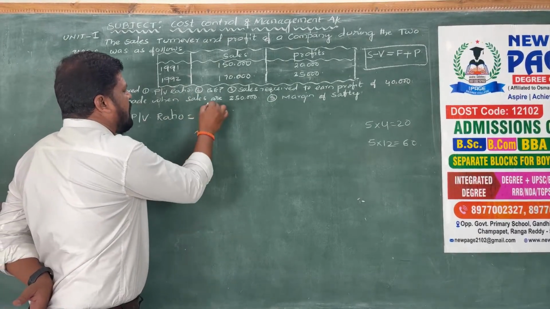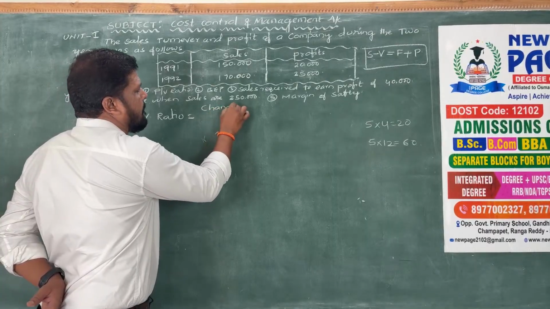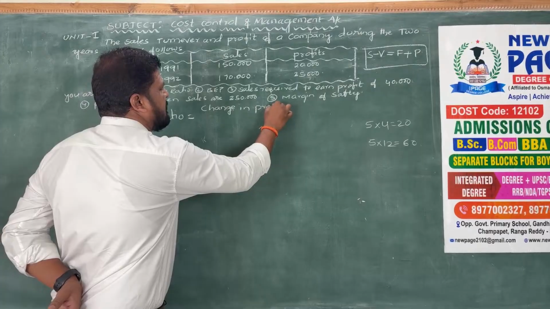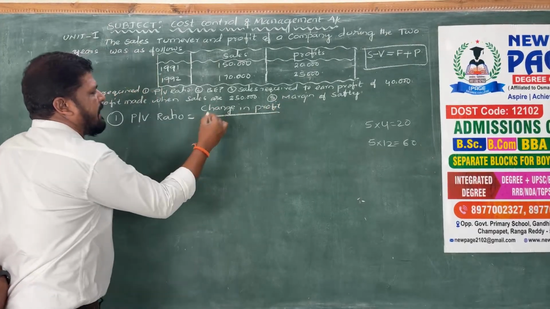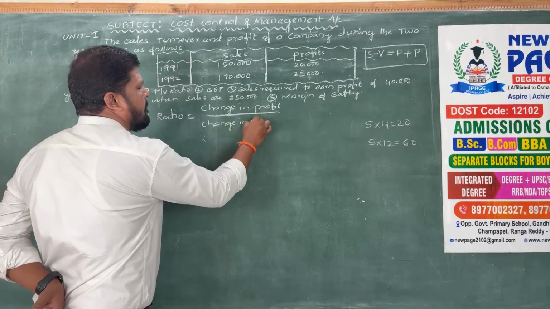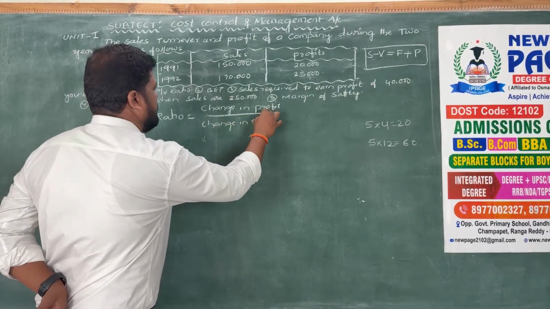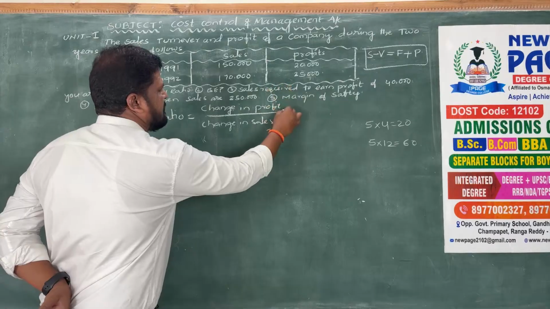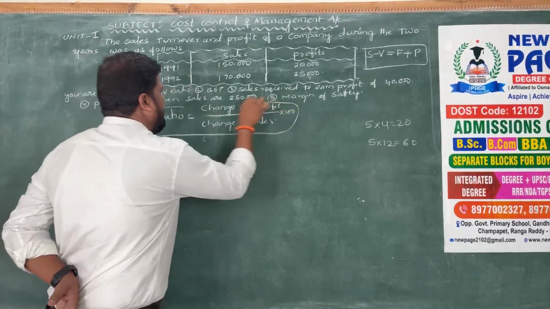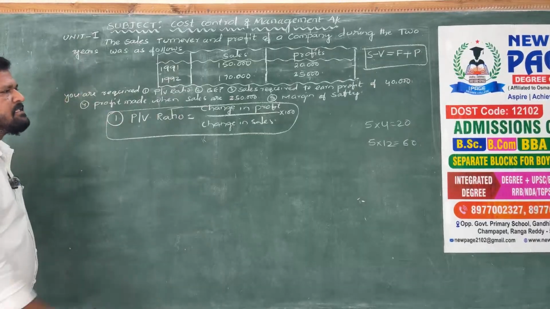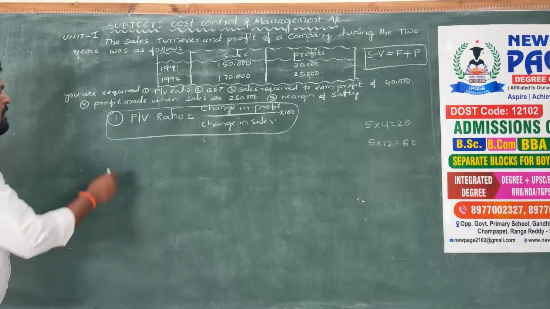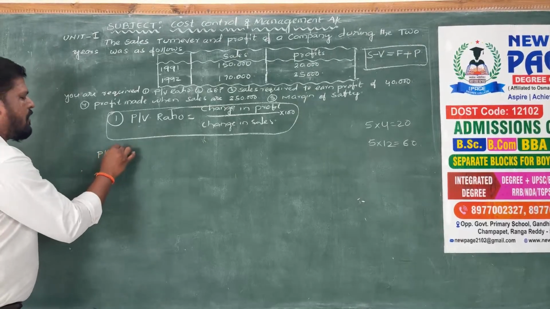PV ratio is equal to change in profit by change in sales into 100. This is the PV ratio formula. Change in profit by change in sales into 100.